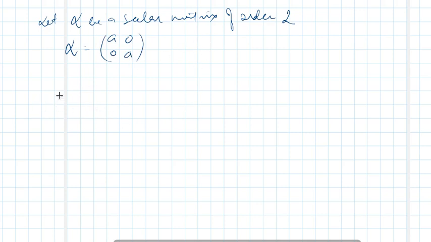Now let us try to find the commutator of this scalar matrix with sigma 1. Its commutator can be represented like this, and here this sigma 1 is a Pauli matrix.